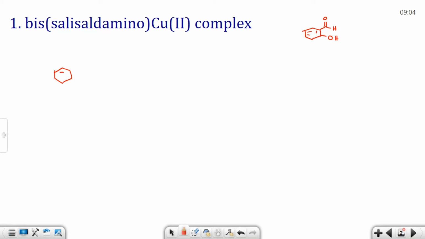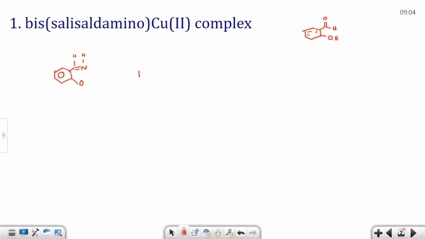The structure has a phenyl ring. This phenyl ring has a double bond to CH, and here the nitrogen also has a hydrogen, and here we have the oxygen.